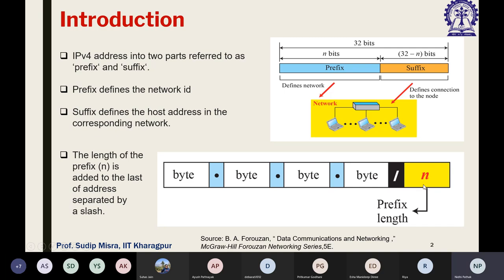This n defines the prefix length. So this prefix length tells how many bits from the very beginning will define the prefix, and the rest of the bits are going to be the suffix. So 32 minus the number of bits defining the prefix is going to be the suffix part. This is a recap of what we have covered earlier.